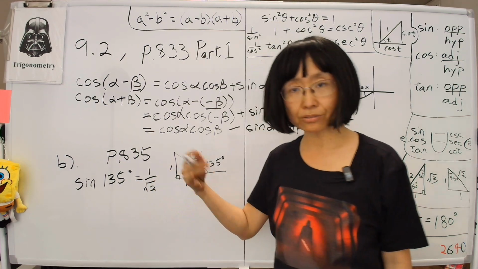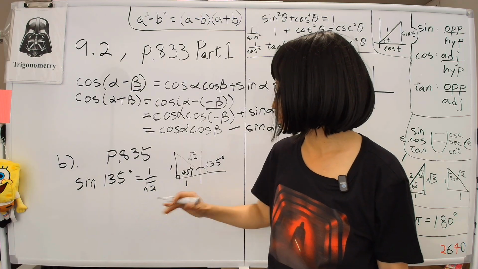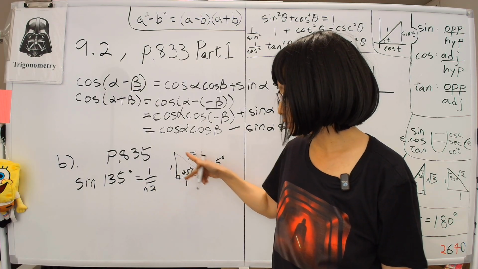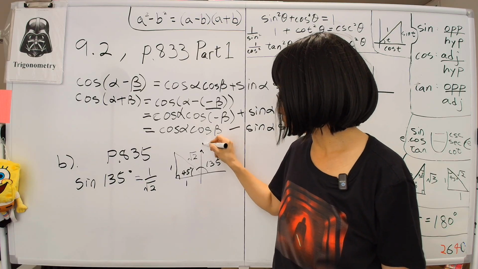And that also equals the square root of 2 over 2, which is what your book has. That's fine, because the 1 here is positive, because the y value is positive here.